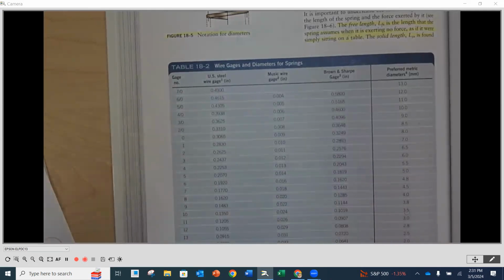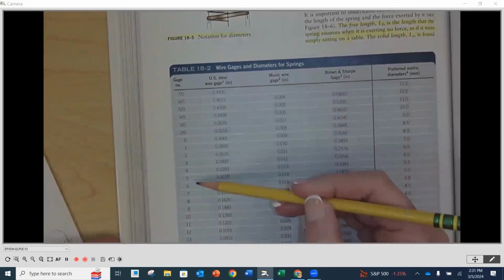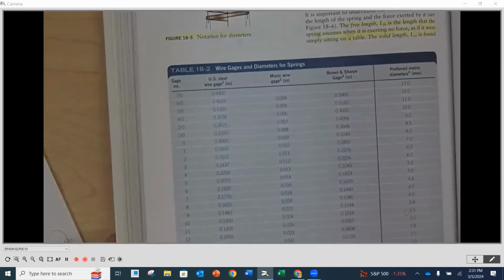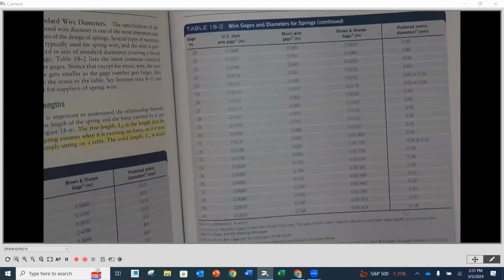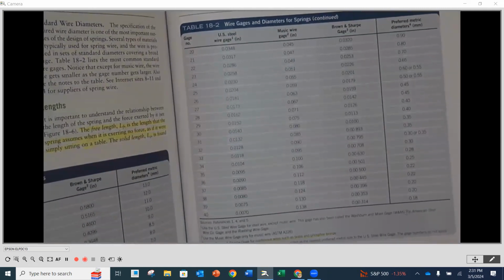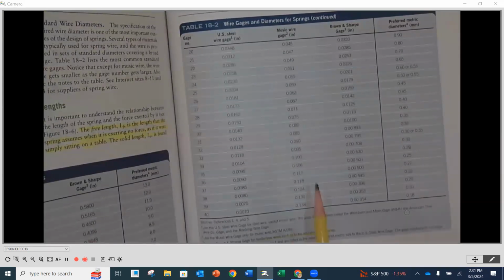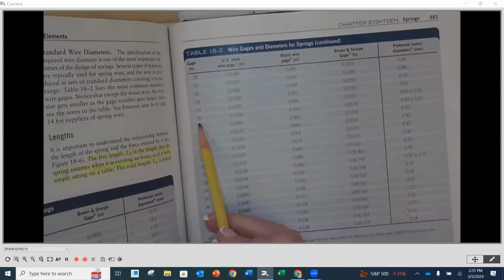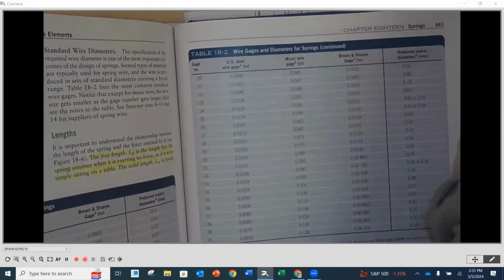We know that our diameter is 0.059 and it's connected to a 25 gauge. If we go down our first column on that page 660, it doesn't go to 59, but on the second page, I'm sorry, 25, right? 25, not 59, 0.059, 25 gauge.